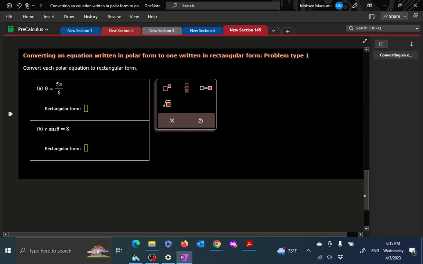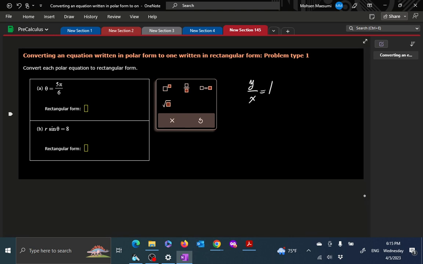First one, we learned to say y over x is equal to tangent of theta. So y over x is equal to tangent of 5 pi over 6. This is just 30 degrees short of becoming horizontal, and the tangent of that is going to be minus radical 3 over 3, or look it up on your chart.